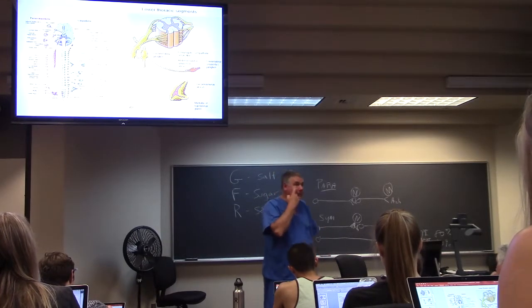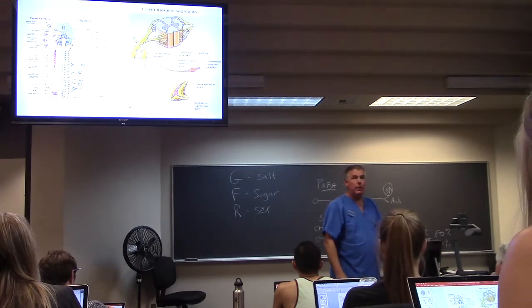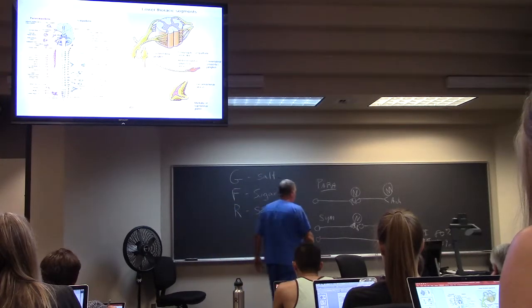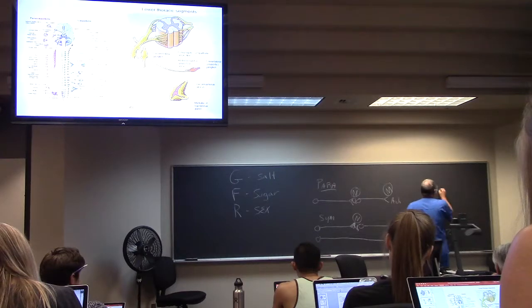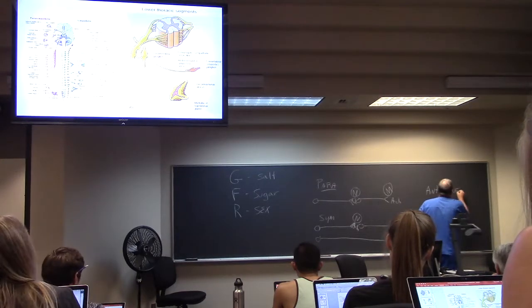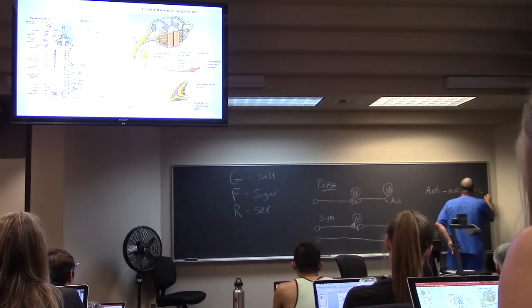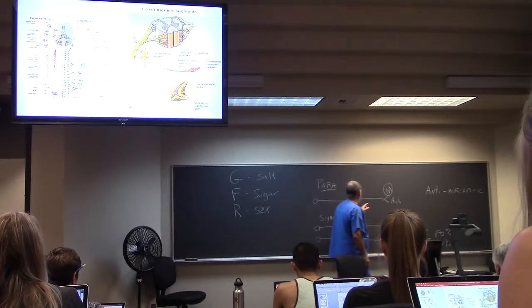When you go get your eyes dilated, they put a drop of atropine in there. What is atropine? Atropine is an anti-muscarinic agent. It blocks muscarine.